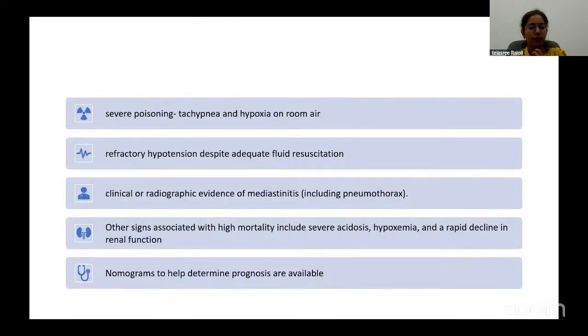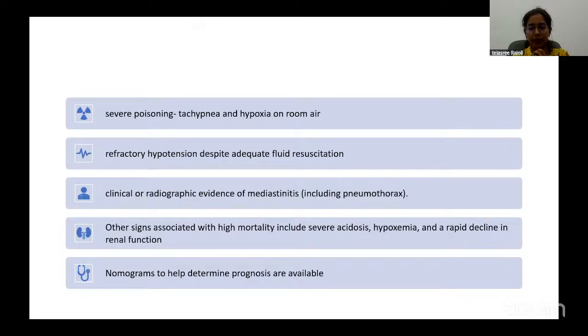Severe poisoning patients will have systemic toxicity at the time of presentation, that is tachypnea and hypoxia on room air. They'll have hypotension in spite of fluid resuscitation. They'll have a distributive shock and also a cardiogenic shock because of the myocarditis. Clinical evidence of mediastinitis, pneumomediastinum, and pneumothorax are very high predictors of poor outcomes.